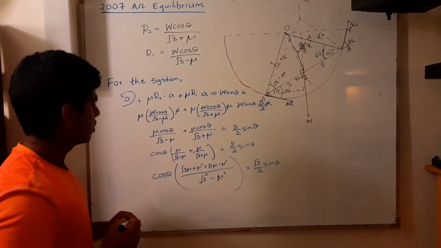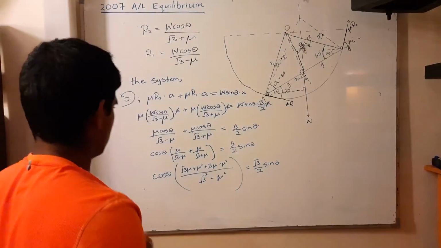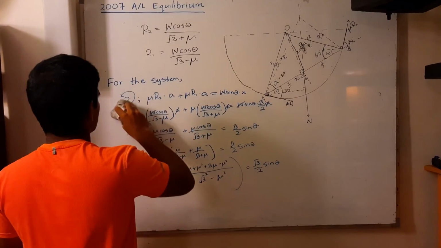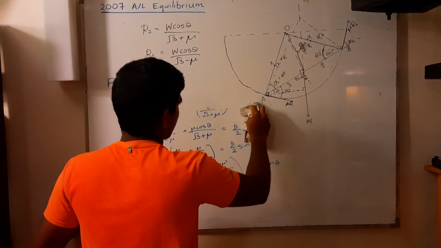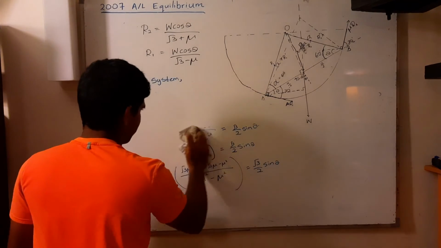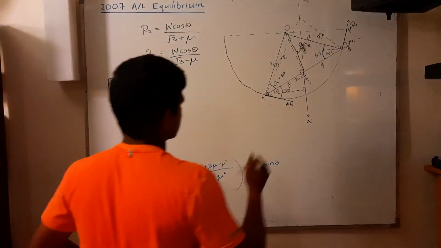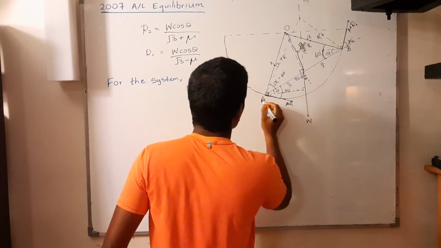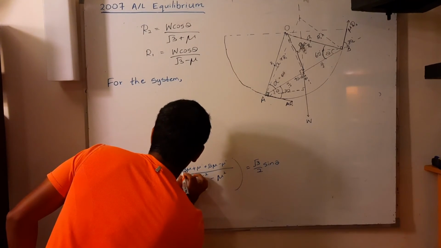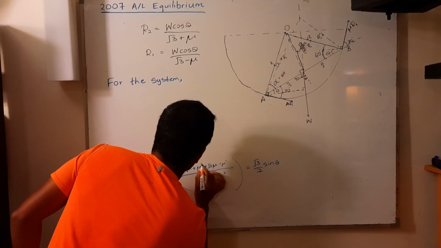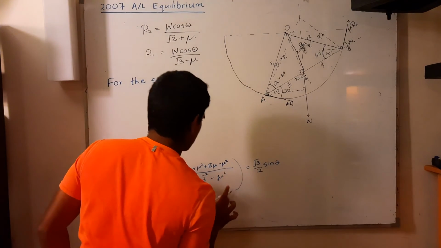I'm going to need some space, so I'm just going to erase this top bit. Oops, a little bit of this got erased. Minus mu square.